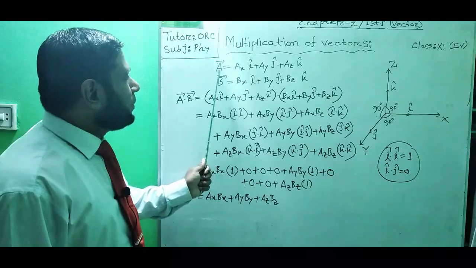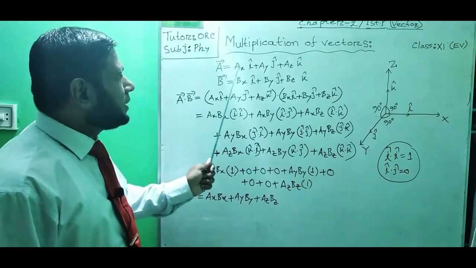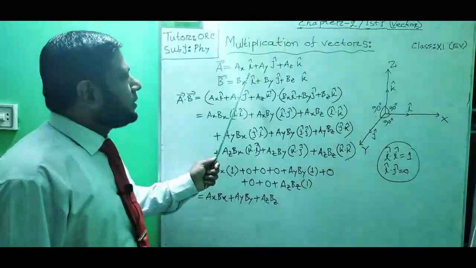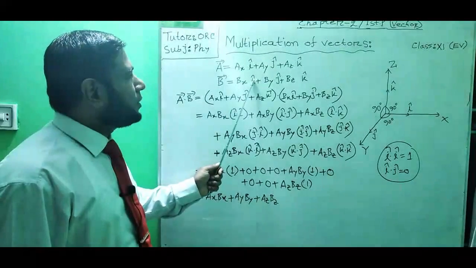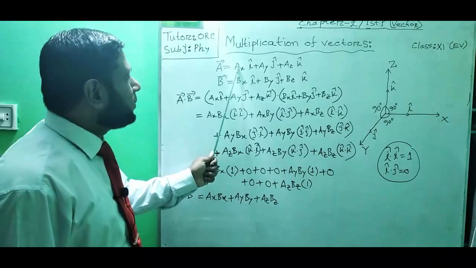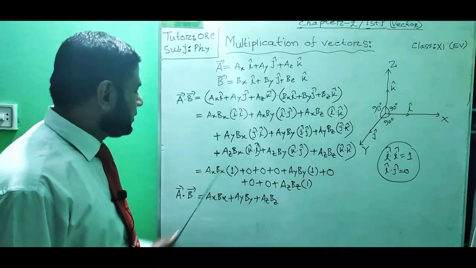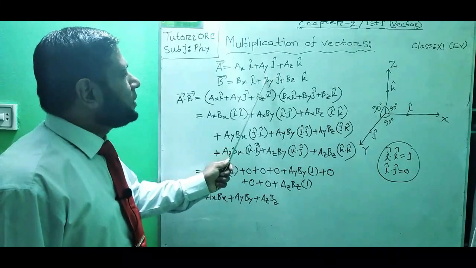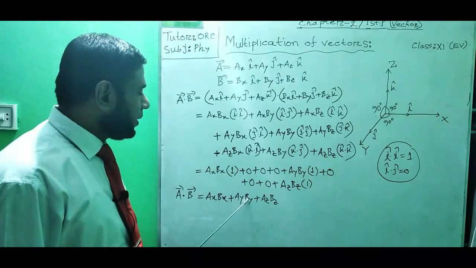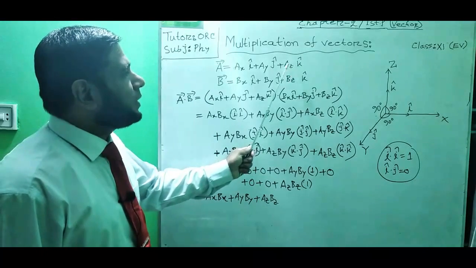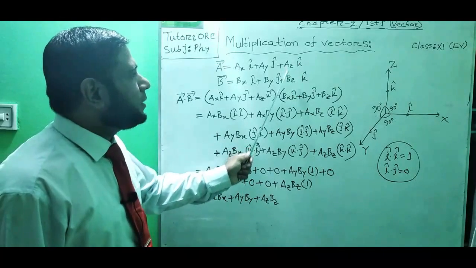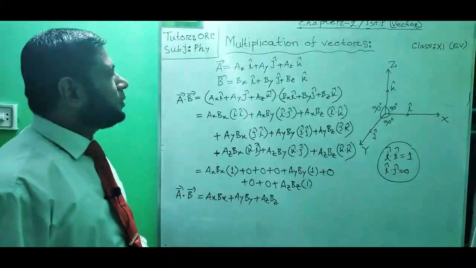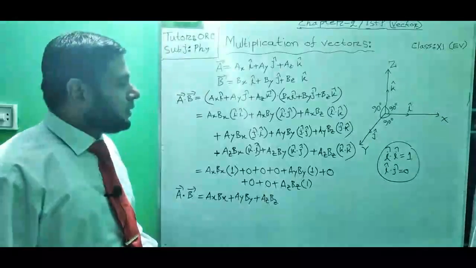So when we multiply according to the dot product, the product will be ax bx, plus the coefficient of j cap times the coefficient of j cap, ay by, plus the coefficient of k cap times the coefficient of k cap, az bz. So only the coefficients are multiplied with each other in this way.